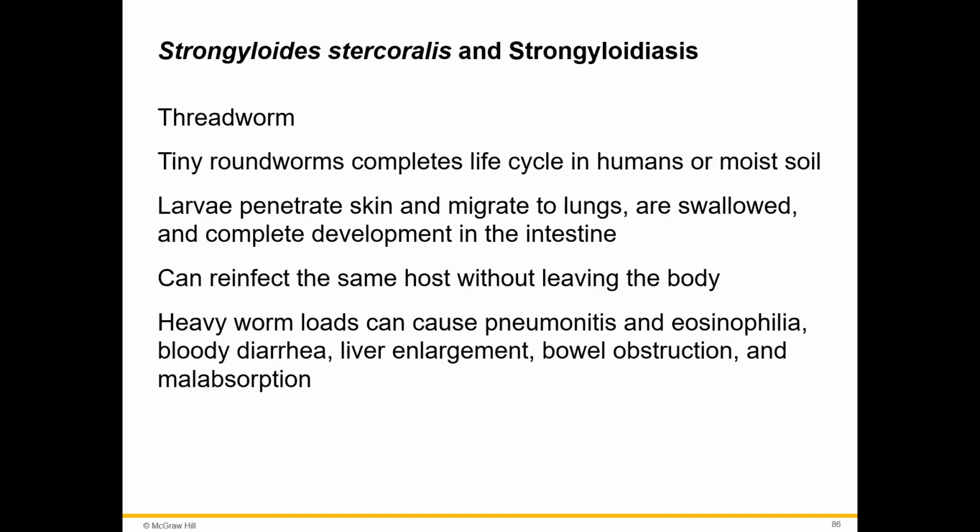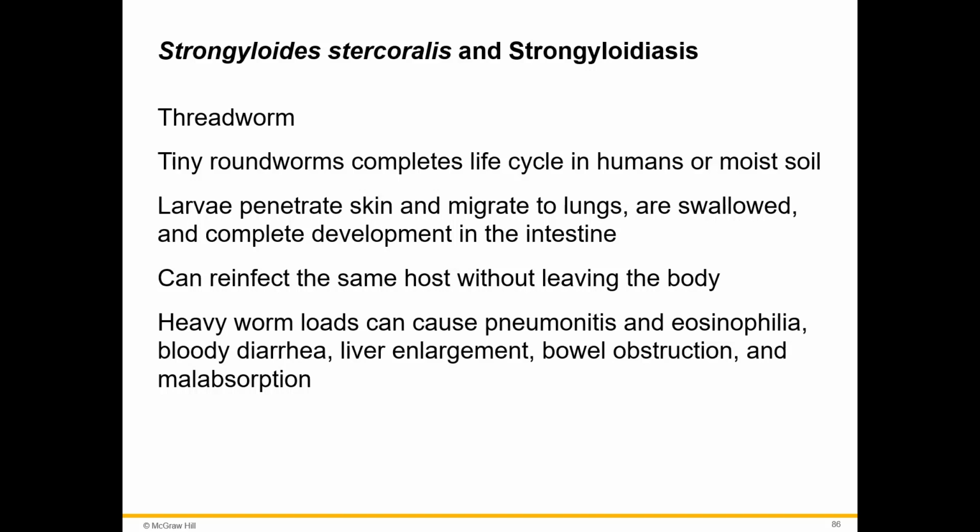This guy will then migrate to your lungs, and once again go back to be swallowed, and then develop in the intestine. And you can just continuously reinfect the same host without ever leaving the body. But when it does leave, it can enter through the soil.